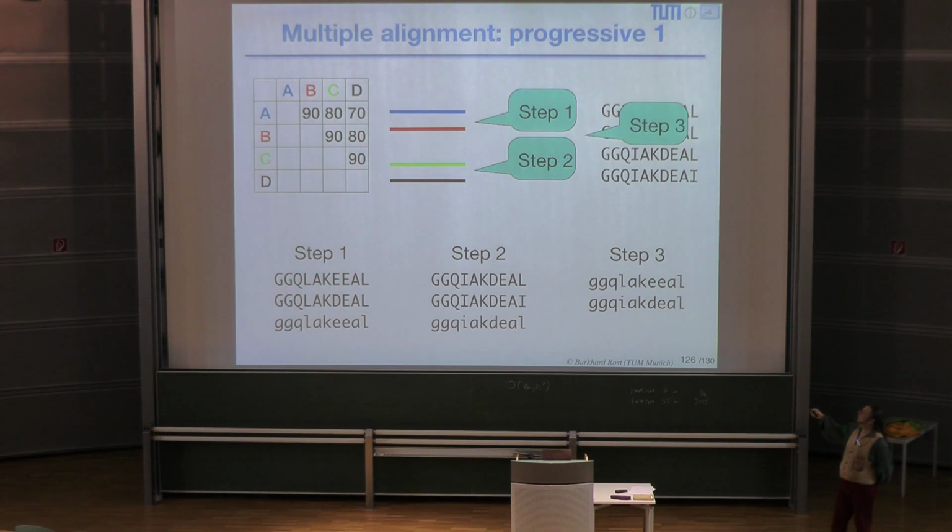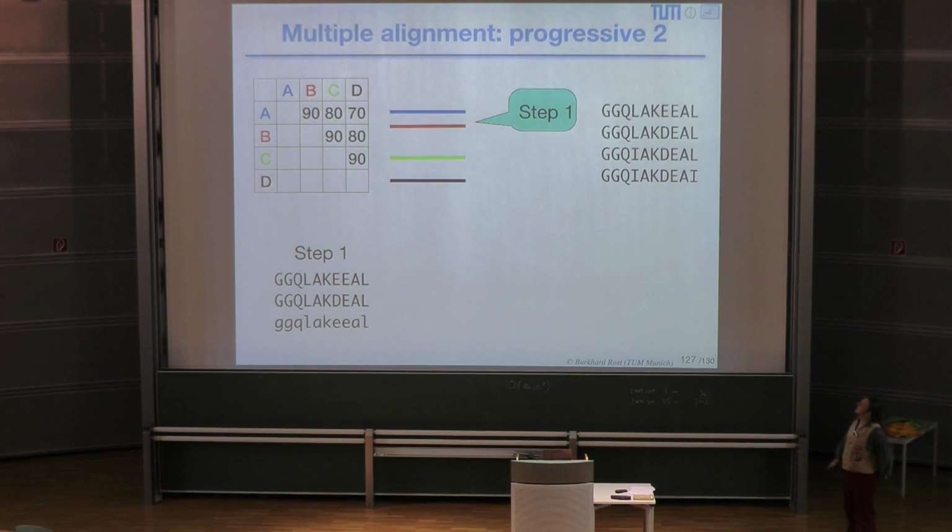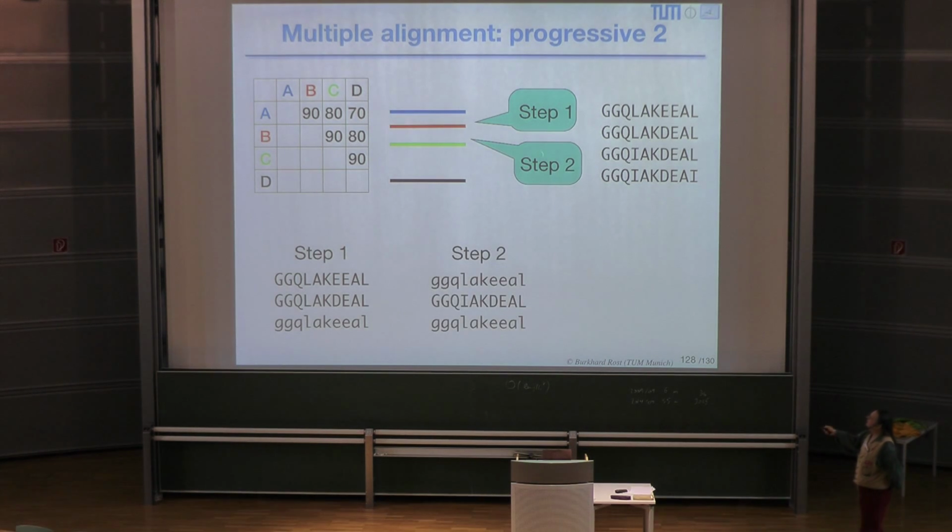Now what you do is you align these pairs. So essentially that gives you an alignment of pairs, which still is a pair alignment. Okay? And that essentially is the hack. There are different ways in which you can do it.